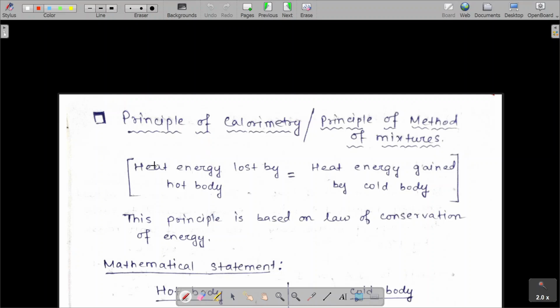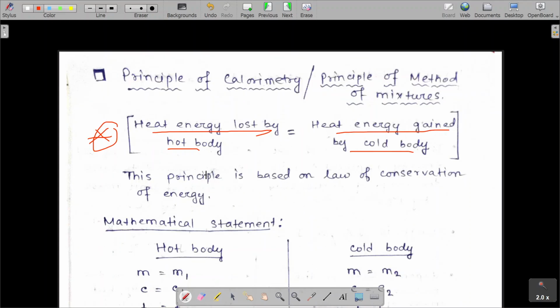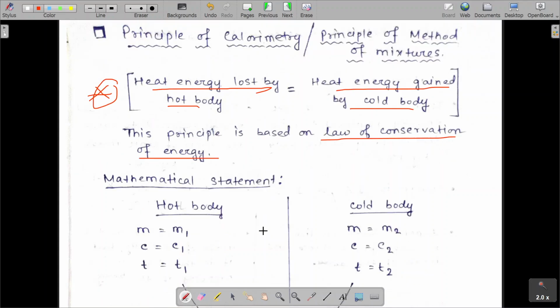That is, heat energy lost by the hot body is equal to heat energy gained by the cold body. This is the principle of calorimetry. And this principle is based on the law of conservation of energy.